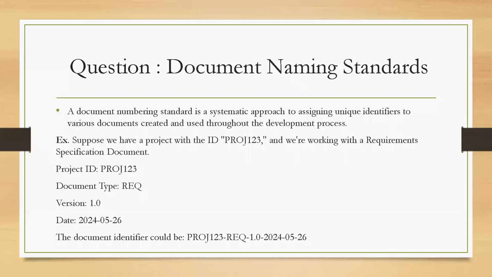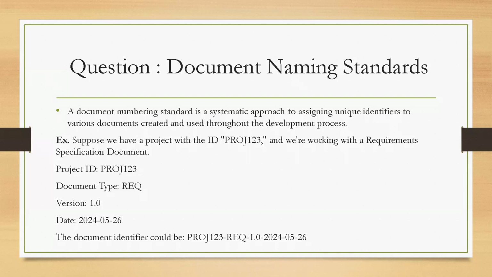Further, the document naming standard is used to uniquely identify any document in the development processes. So here, consider how we should name a document by applying this document naming standard.